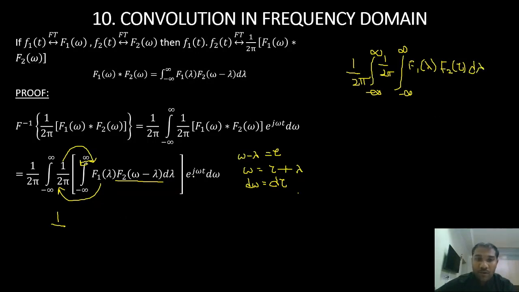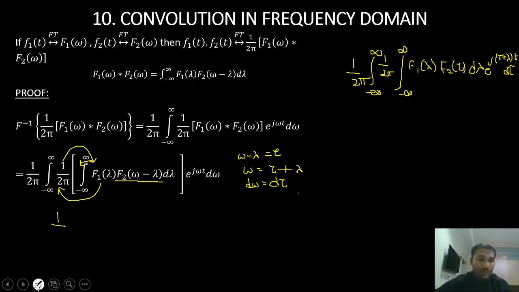In place of e power j omega t, what can I write? In place of omega I can write tau plus lambda. So multiplied by e power j (tau plus lambda) t, and in place of d omega I have d tau. This is my expression. This expression turns out to be the same as this expression.